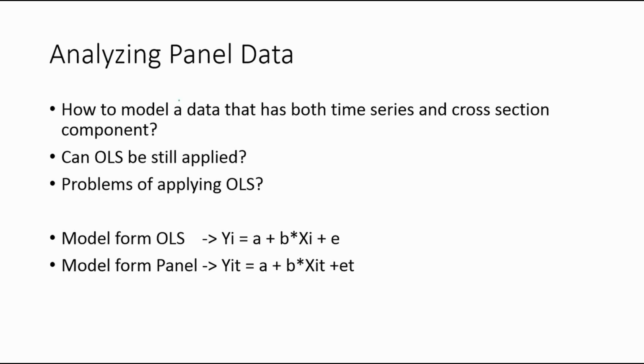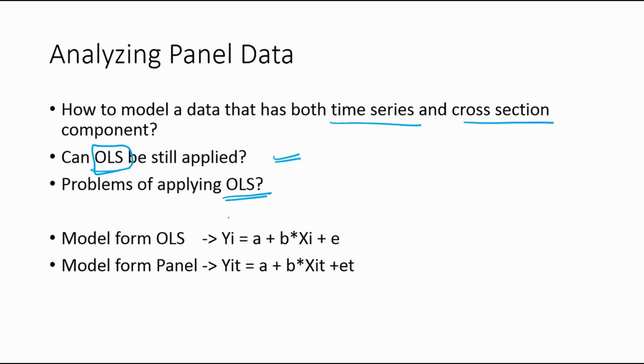How do we analyze panel data? Is it the same that we normally use for cross section? The important thing is that it has both the features, time series and cross section. So the question here is, can we use ordinary least squares, OLS? And what are the problems that one might face by applying ordinary least squares regression in doing the analysis?